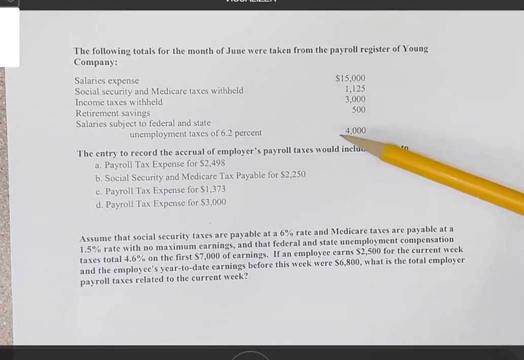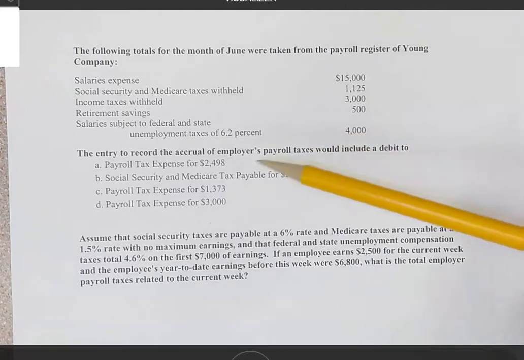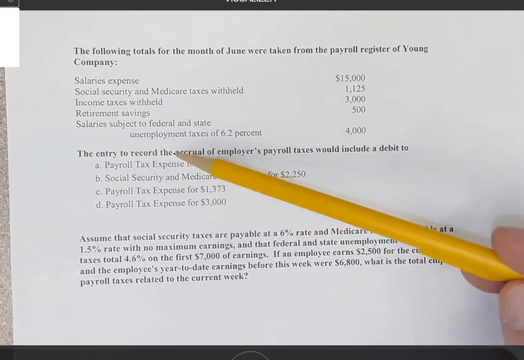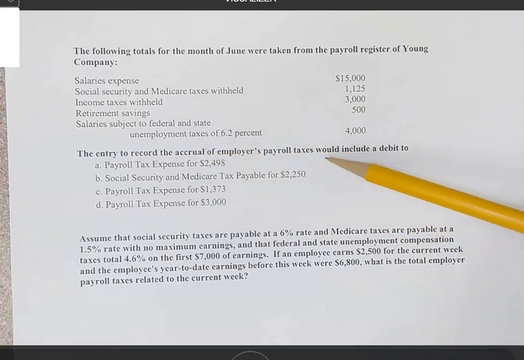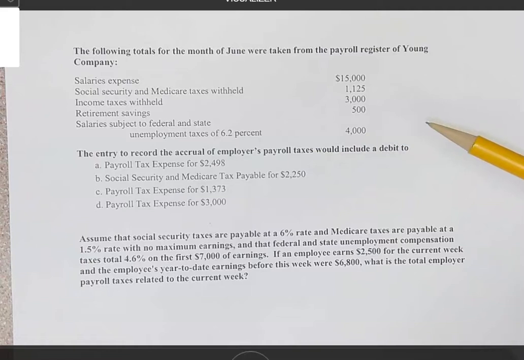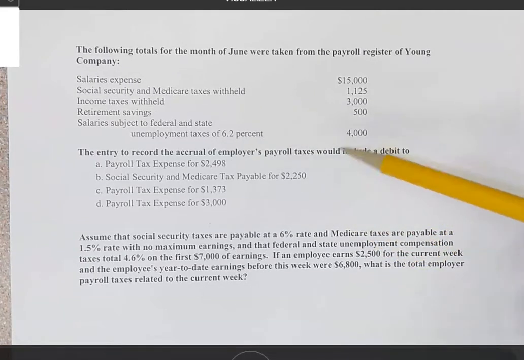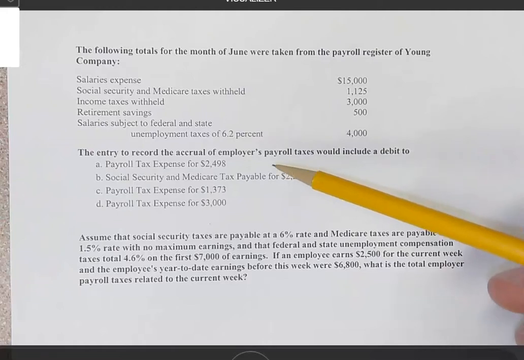Okay, we have to be careful on this. And we also have to be careful when we read this question. It says the entry to record the accrual of employers' payroll taxes would include a debit to what? Okay, so first thing we want to understand is that whatever the answer is, it's going to have to be some type of an expense.